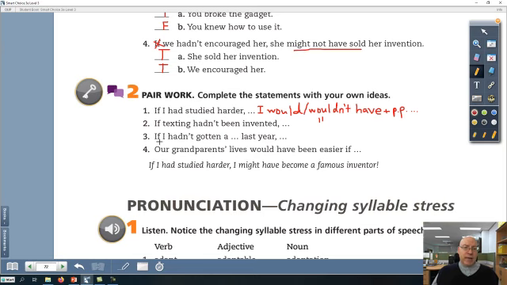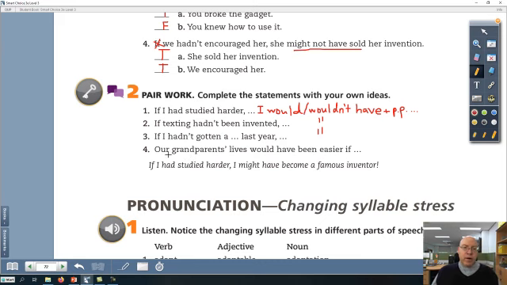Same thing here. If I hadn't gotten blah blah blah last year, here you're going to have to fill in some sort of possession, a car, a house, a new bike, a new computer. Plug those in here.